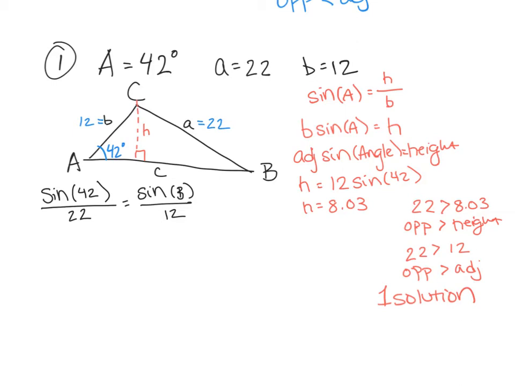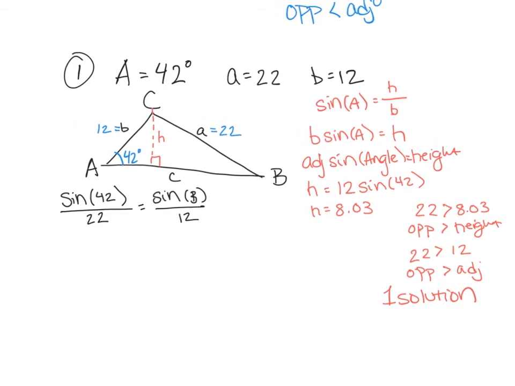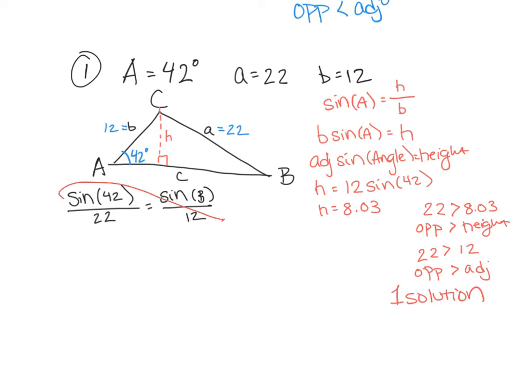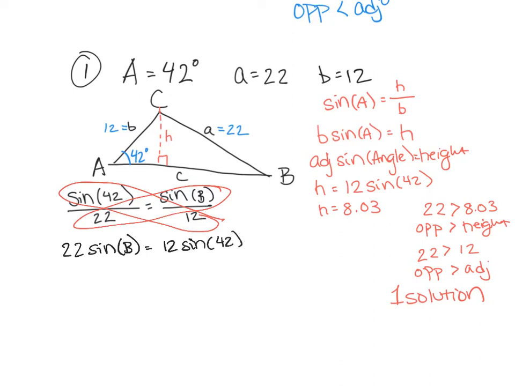First I must cross multiply so that we get 22 times sine of B is equal to 12 times sine of 42. I'm going to divide both sides by 22 and get sine of B is equal to 12 times sine of 42 over 22.